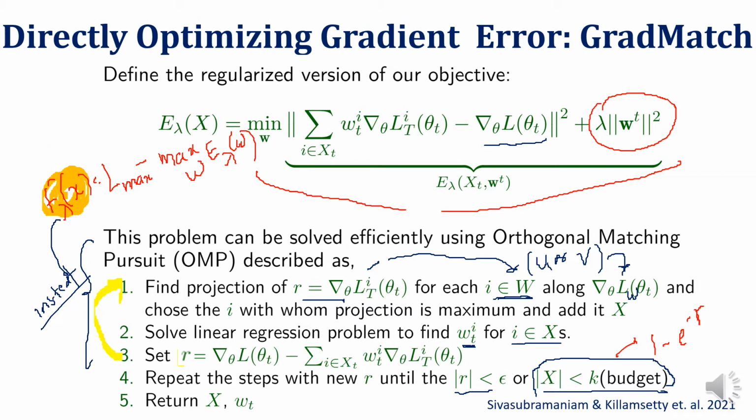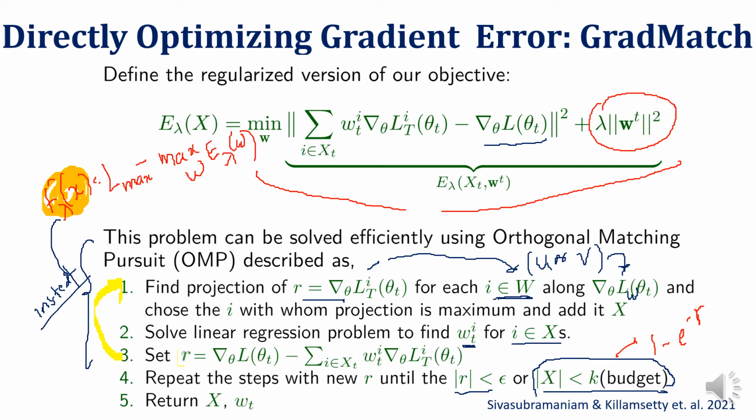Therefore, instead of the greedy algorithm on this F lambda, we have an even better proposal which gives us actually a similar result, and that's the OMP algorithm, orthogonal matching pursuit, which is run with a cardinality constraint, mod of X less than k.